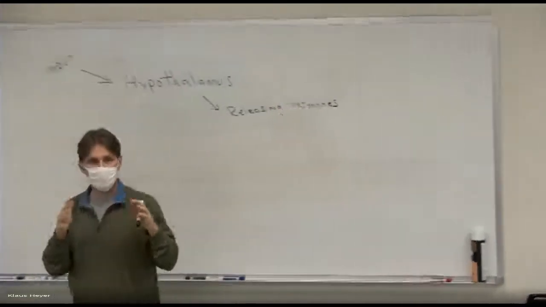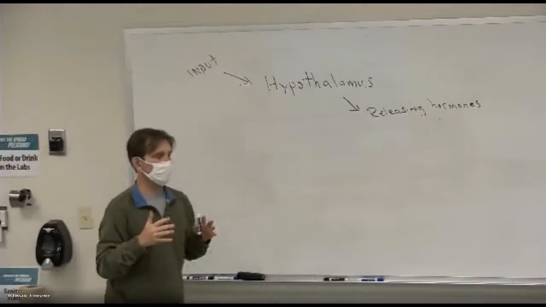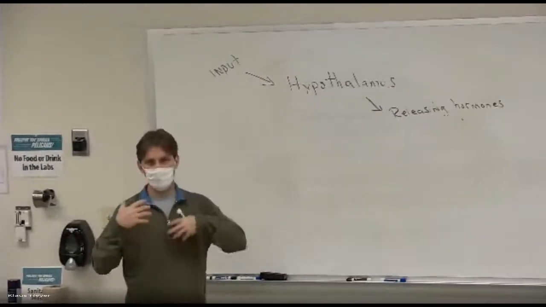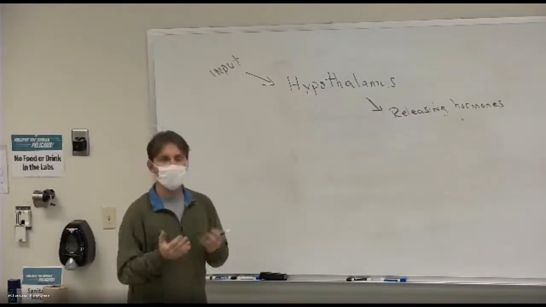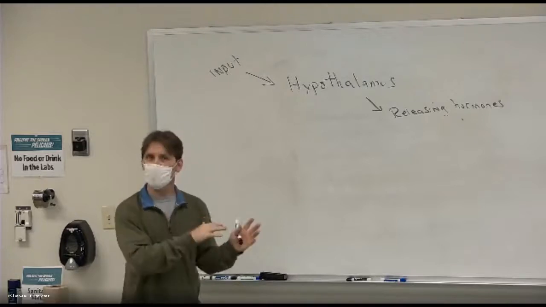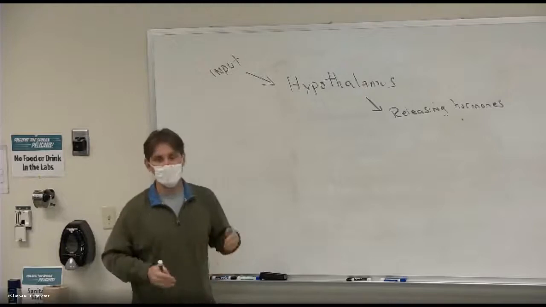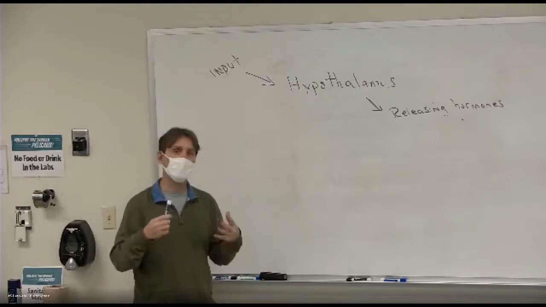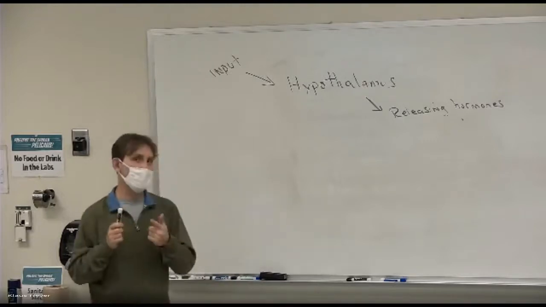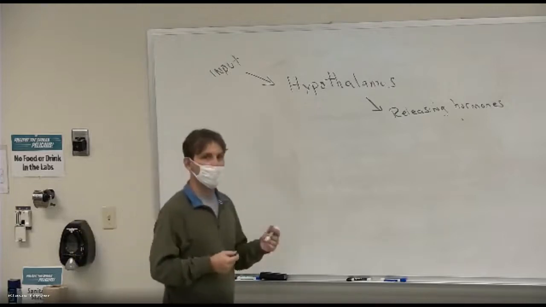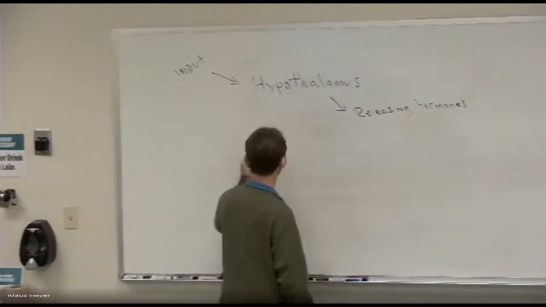Depending on what the input is, it's getting input from the body saying this is too high or this is too low. Depending on what it is, it has a releasing hormone that is going to release. That releasing hormone is going to go to the pituitary gland.